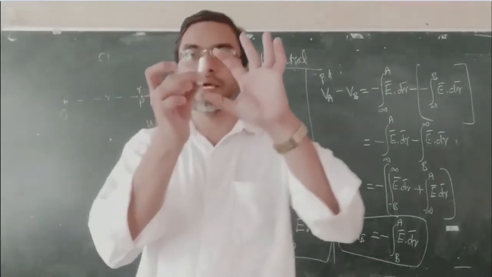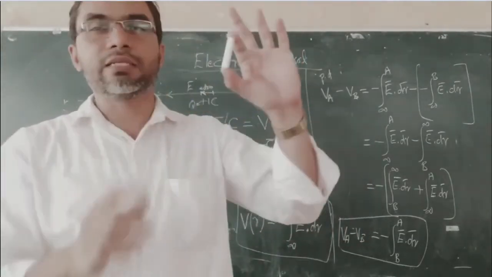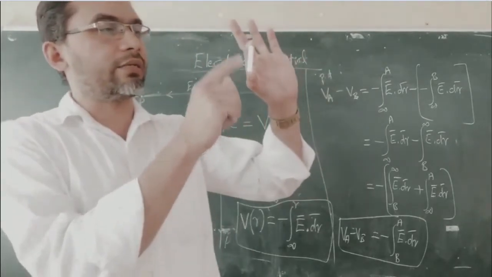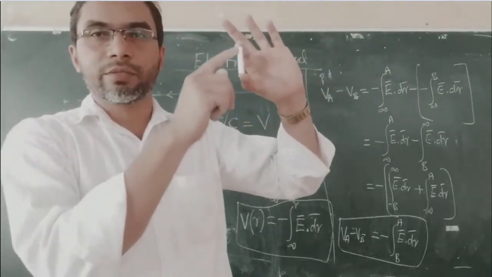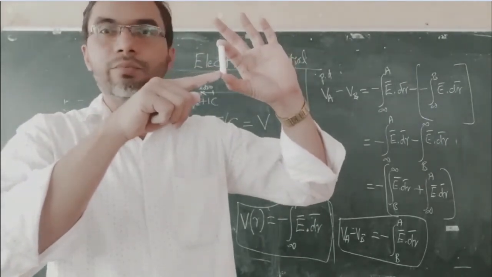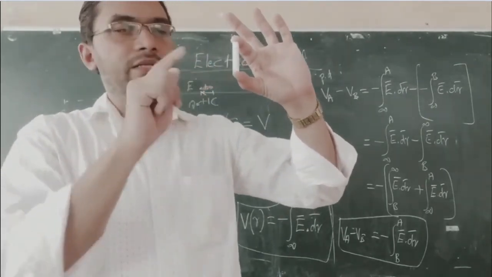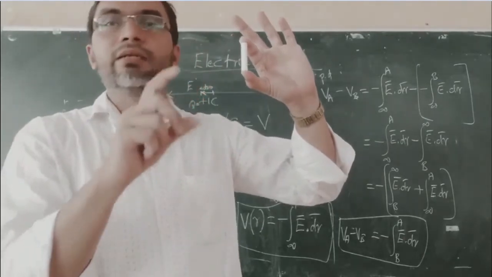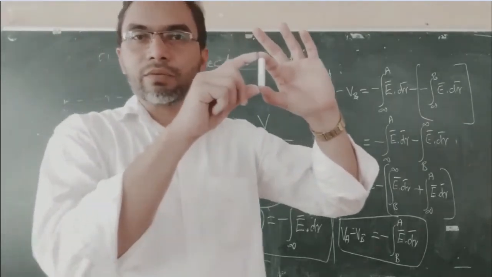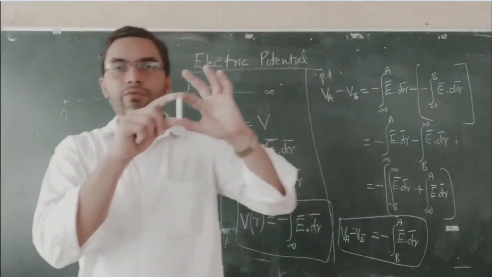So for example, if you have a battery, a dry cell, 1.5 volt battery, you can say this is the negative and this is the positive terminal. So the potential difference between the positive and negative terminal is 1.5 volt. Whichever reference system you take, the potential difference between these two terminals is 1.5 volt.